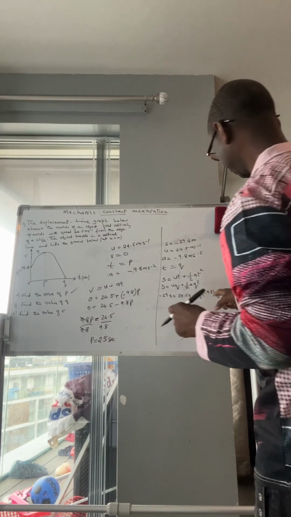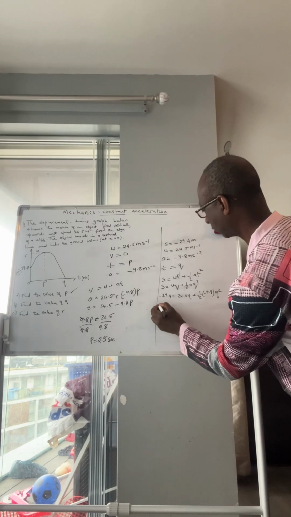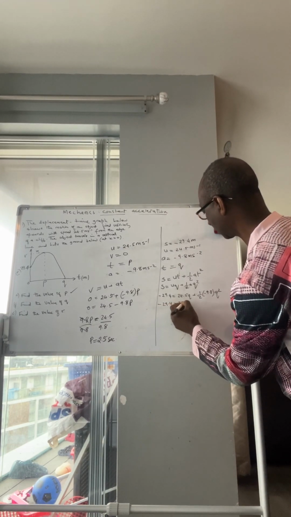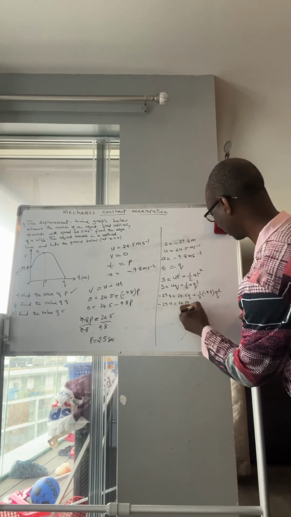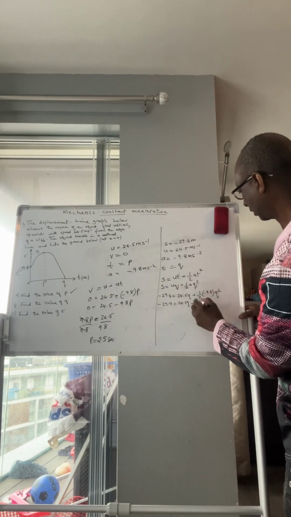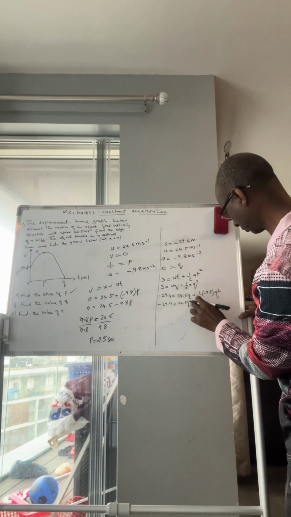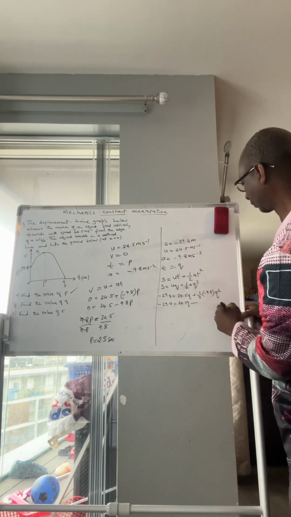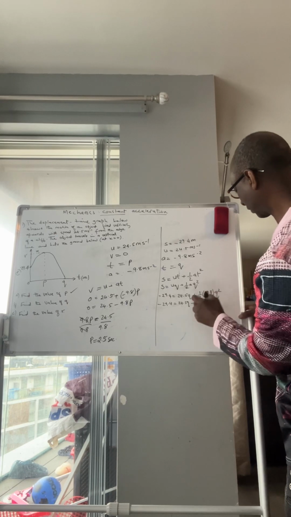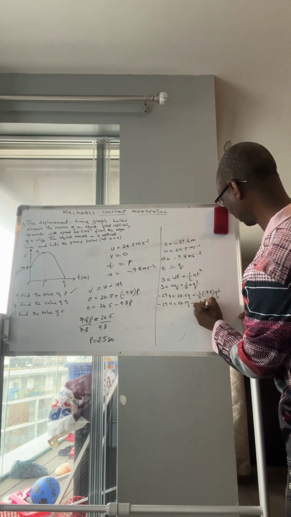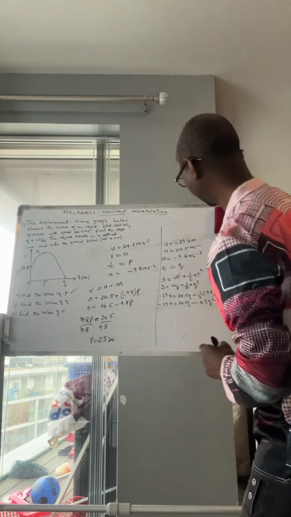Let's simplify. We have minus 29.4 equals 24.5 Q plus, simplify this, so this minus will come out of the brackets, which will now be minus here, not plus again. 9.8 divided by 2 is 4.9, minus 4.9 q squared.